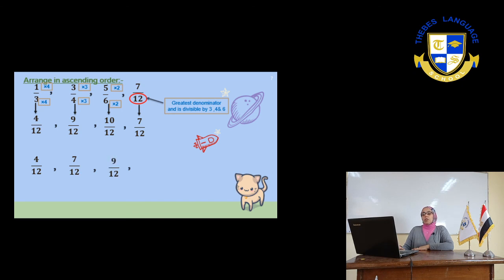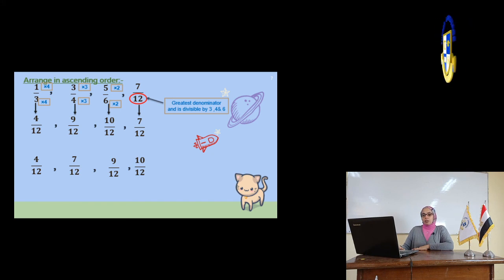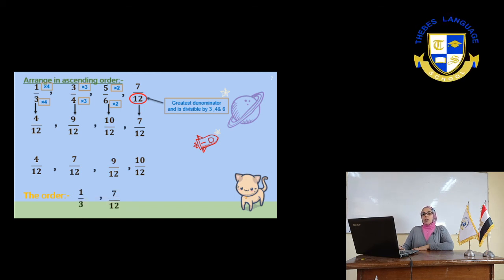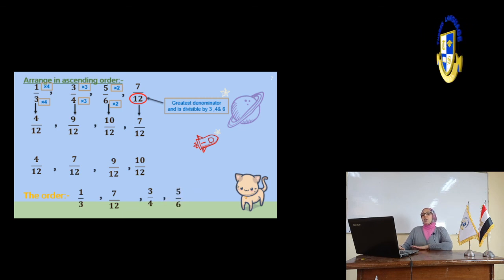We said before that we write them in the original form. 4 over 12 was 1 third, 7 over 12 was 7 over 12, 9 over 12 was 3 quarters, and 10 over 12 was 5 over 6. This is the ascending order of this group of fractions.